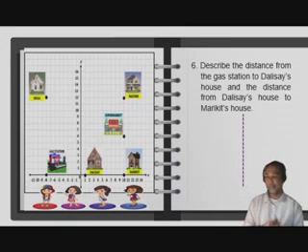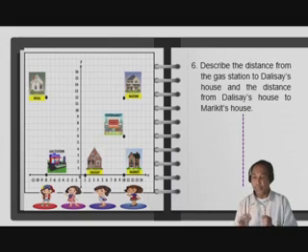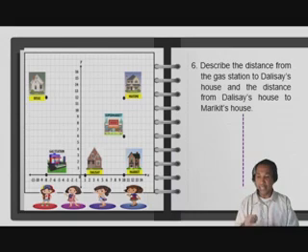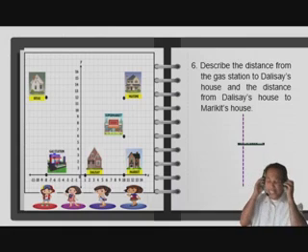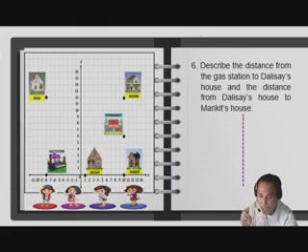Ayan. So, describe the distance from the gas station to Dalisay's house, and the distance from Dalisay's house to Marikit's house. So, let's try to analyze it gradually. We are going to have it this way. Of course, find the distance from the gas station to Dalisay.